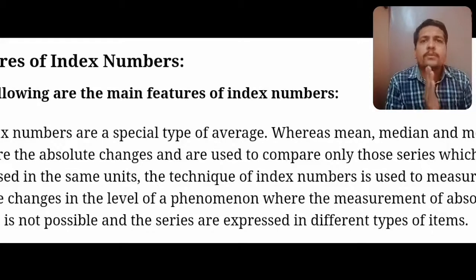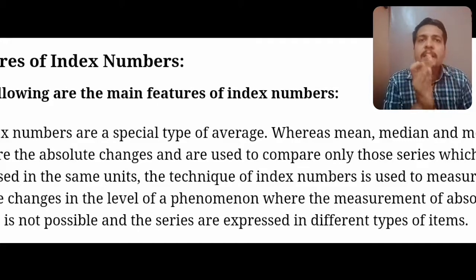So now we are going to study the features of index numbers and their benefits. The following are the main features of index numbers. Index numbers are a special type of average, which we studied earlier.